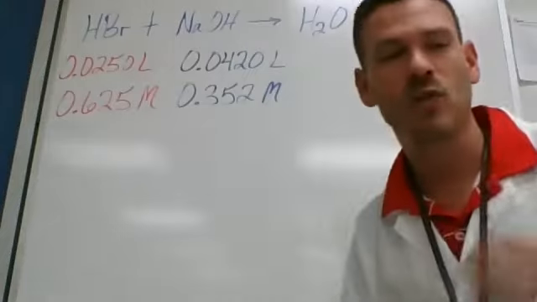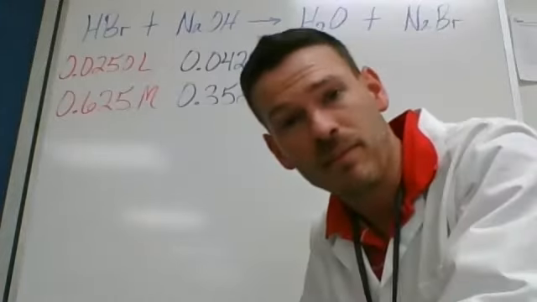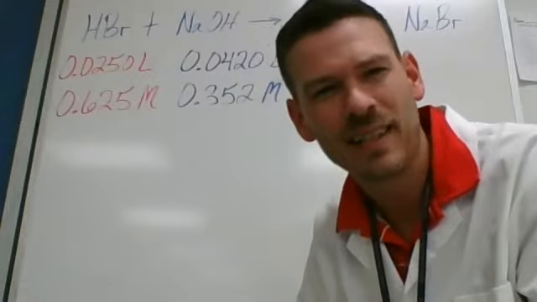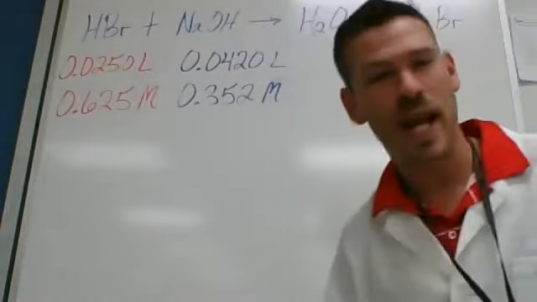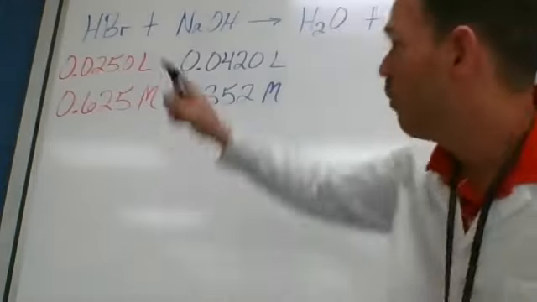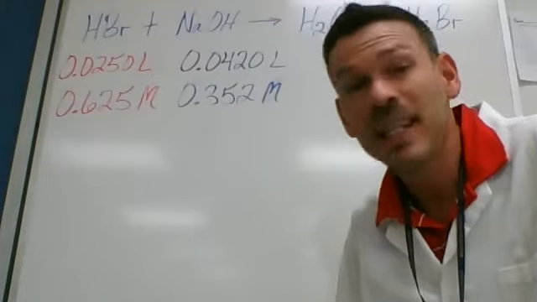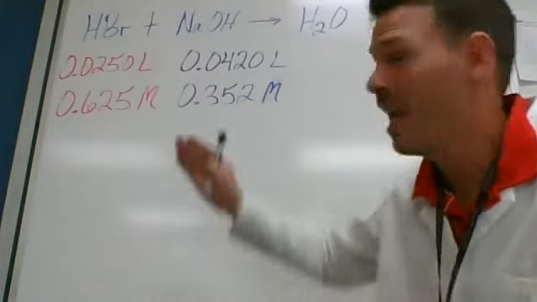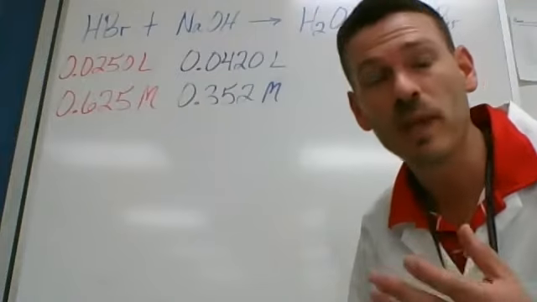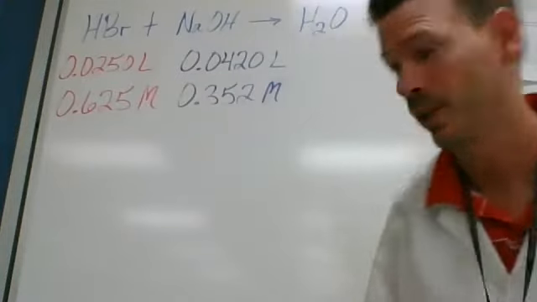Whichever one of these guys stops the reaction because we run out of it, the other guy would be in excess. And even though this is a neutralization reaction that, yes, should make that pH hit 7, if one of these dudes is still hanging out a little bit, it's going to alter it, all right? If there's some leftover reactant, it's going to still make it slightly acidic or basic. Let's take a look.